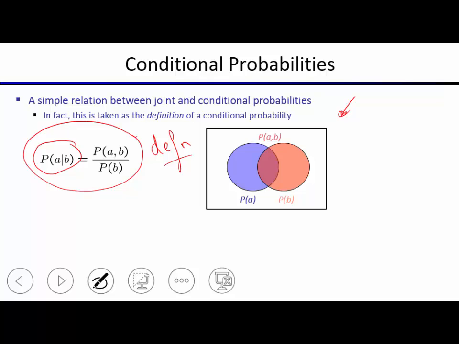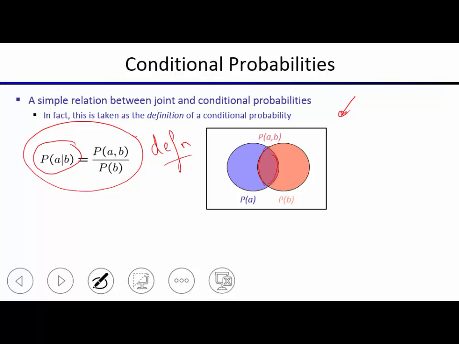B is a particular event you might care about, maybe whether it's hot or cold. Then some part of all possible worlds has rain, some part has hot, and there's an intersection shown in the middle where it's both raining and hot, if A is rain and B is hot.